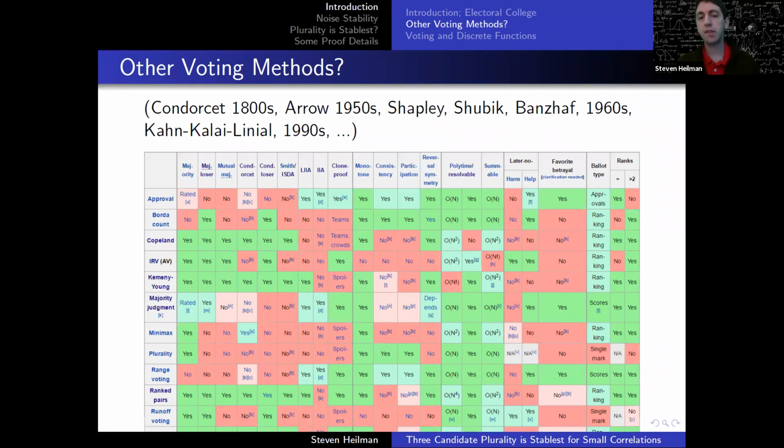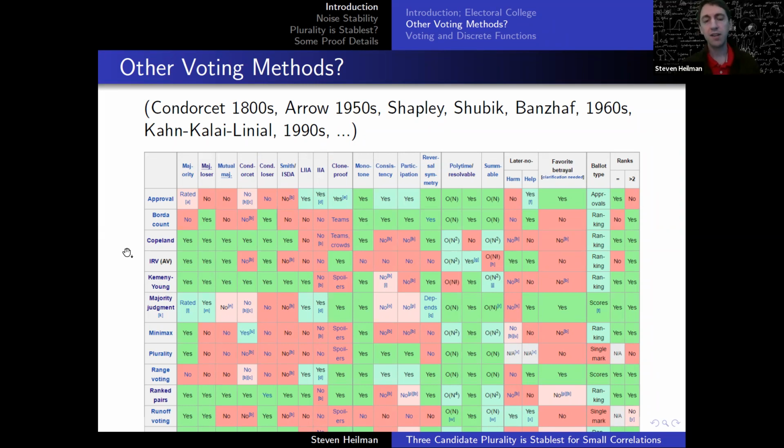I always like to put up this table which shows different voting methods. Each row is a different voting method, and each column is a desirable property to have. Let's look at the fourth row. IRV stands for instant runoff voting. You see there are many green entries in the fourth row, so it has many desirable properties, but there are also many red entries, so there are many desirable properties that instant runoff voting does not have.